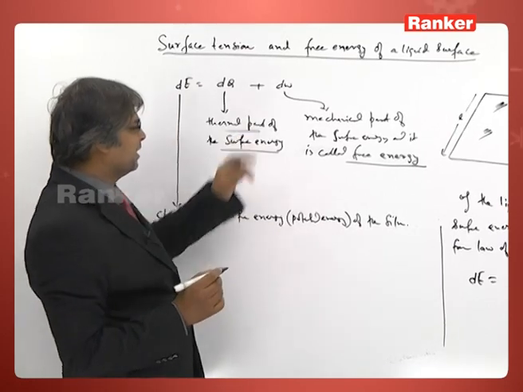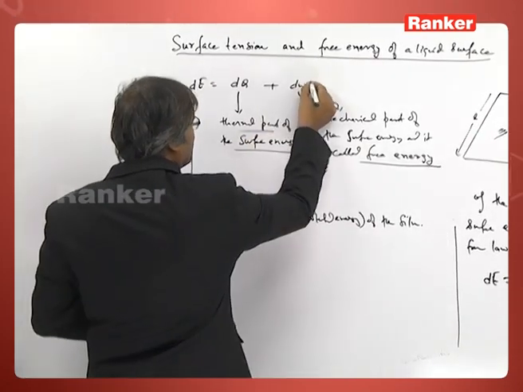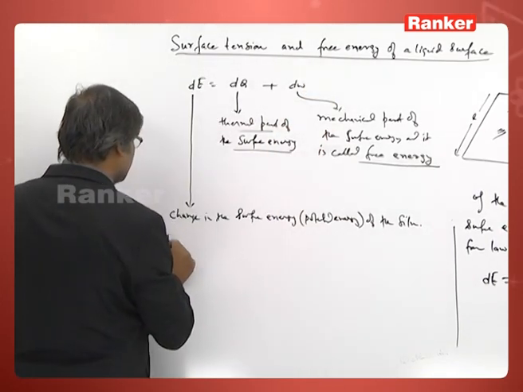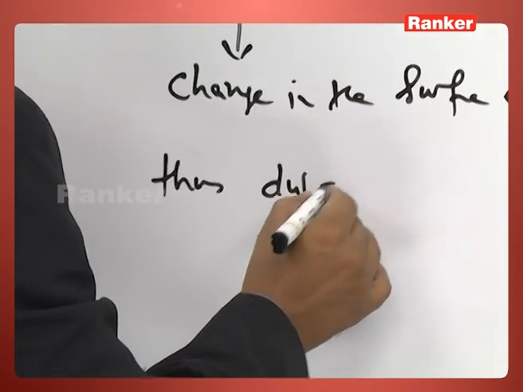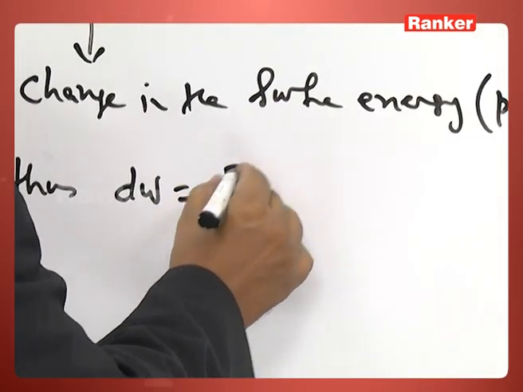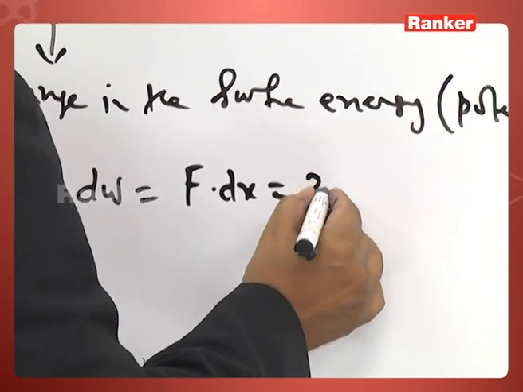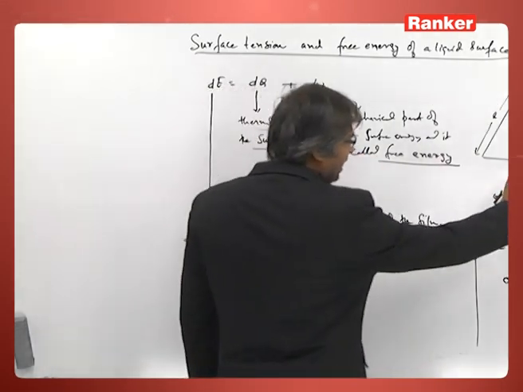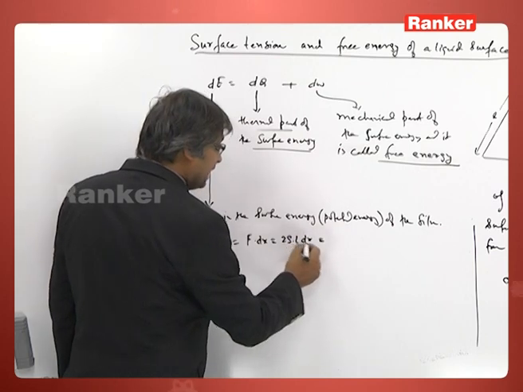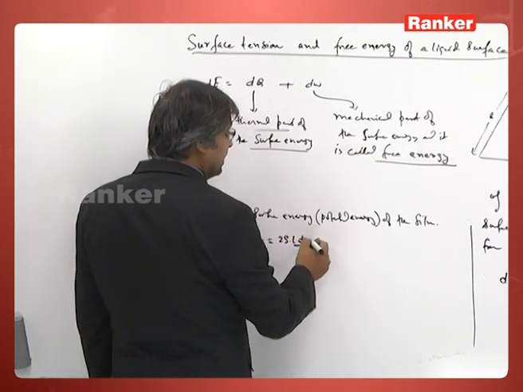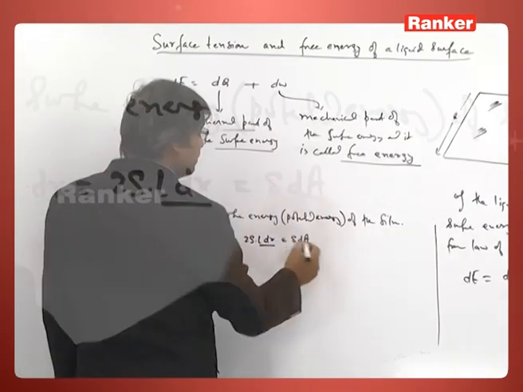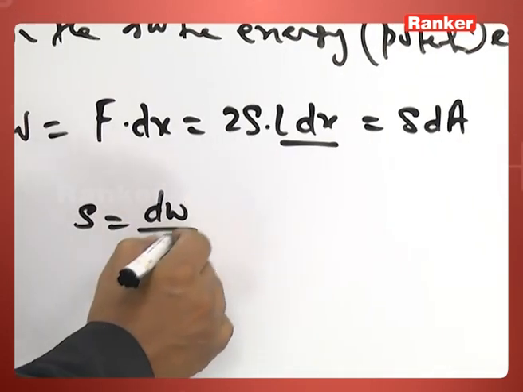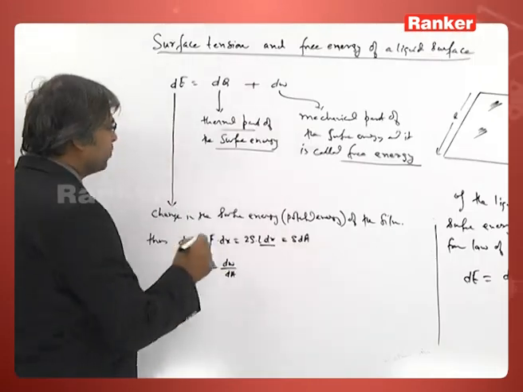So, the work done dW is equal to F into dx, where F is equal to 2S into L, and the total area, upper and lower, is L dx and again L dx, that is 2L dx, which is dA. So, we have S equal to dW by dA.